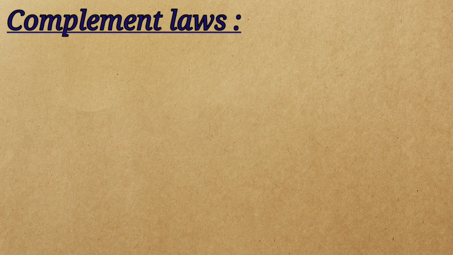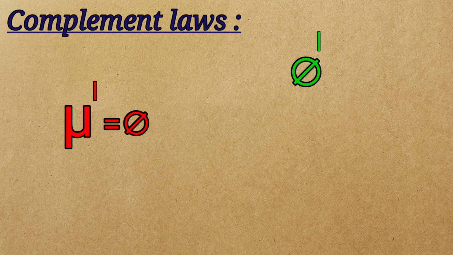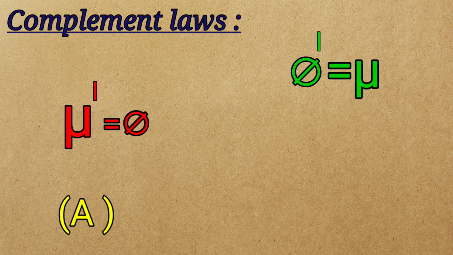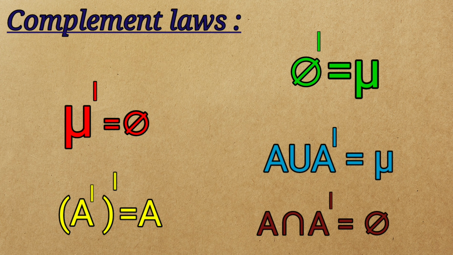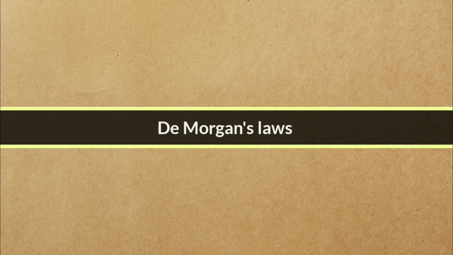And in the same way, mu dash is equal to phi and phi dash is equal to mu. So finally, the complement laws are: A complement whole complement is equal to A, A union A complement is equal to mu, A intersection A complement is equal to phi, phi dash is equal to mu and mu dash is equal to phi.